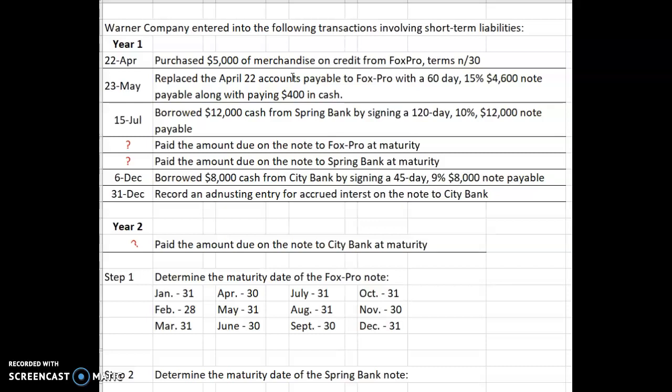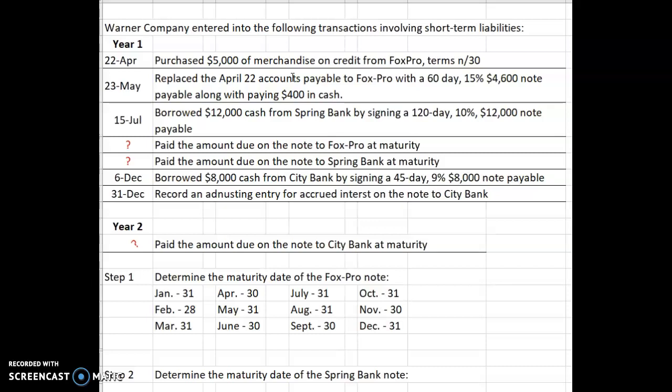On July 15th, they borrowed $12,000 cash from Spring Bank by signing a 120-day 10% $12,000 note payable. We're going to figure out the maturity date of the Fox Pro note, but they paid that balance due at maturity. They also paid the balance due on the Spring Bank note at maturity.